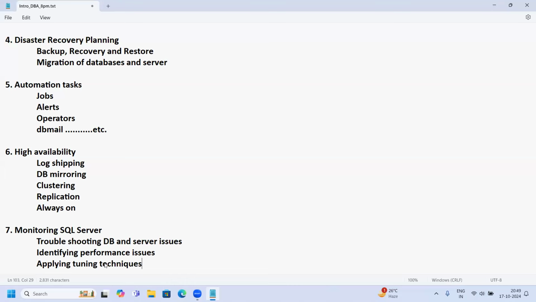Apart from this, there are a lot of other things: never is the server down, never do you have data loss, never do you face connectivity issues, never do you find security problems. These are also considered.